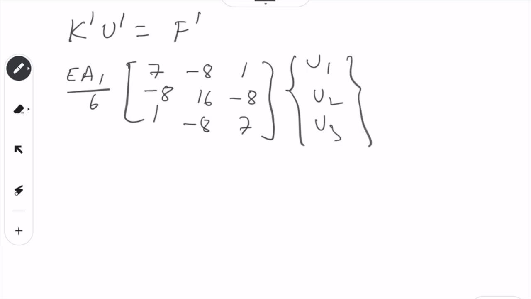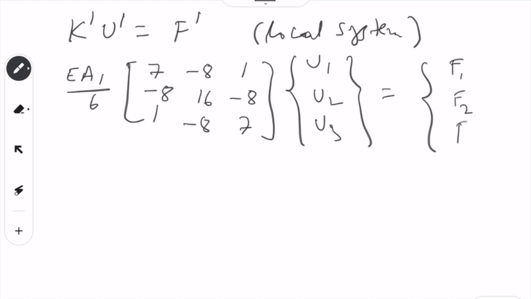Okay, so this is for the element local system, equal to F1 F2 F3, the local system, which you can write as F1 1, F1 2, F1 3.